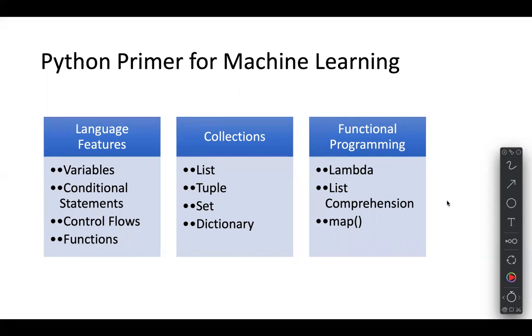The next two buckets are extremely important from the perspective of our course and doing machine learning solutions. You should be extremely familiar with collections and how to deal with them. So we'll introduce the four types of collections: list, tuple, set, and dictionary. And I'll also introduce some functional programming concepts: lambda, list comprehension, and map.